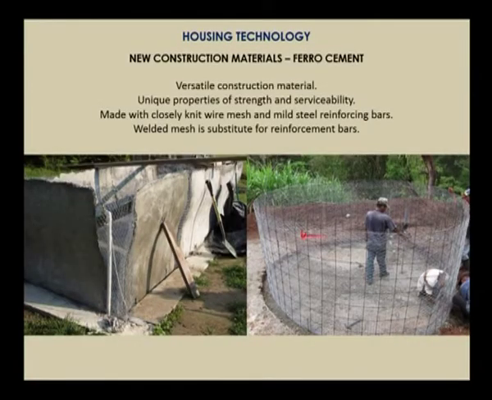A layer of chicken mesh is surrounded with supporting small reinforcement bars, making the structure much thinner, more elegant, much stronger, and more serviceable, and its dead load is much lesser than a heavy steel based or reinforcement based construction.